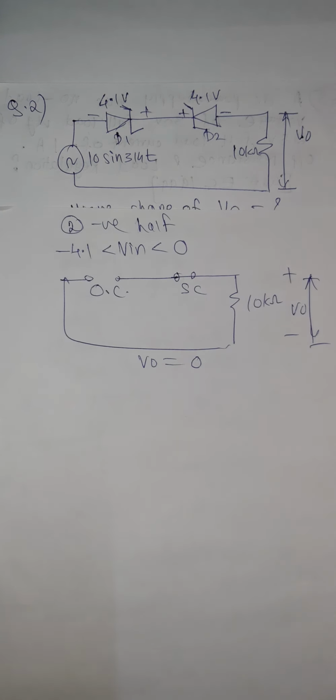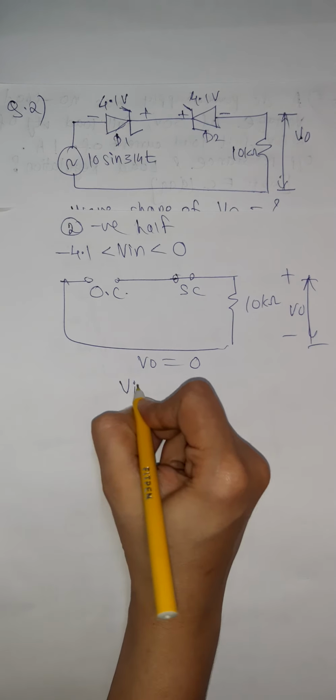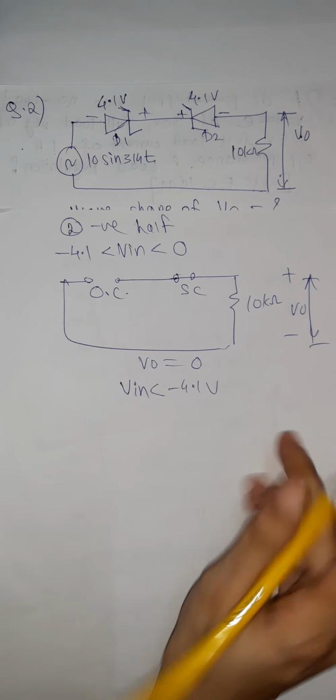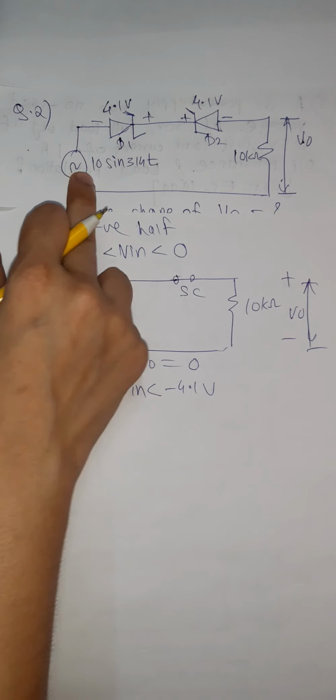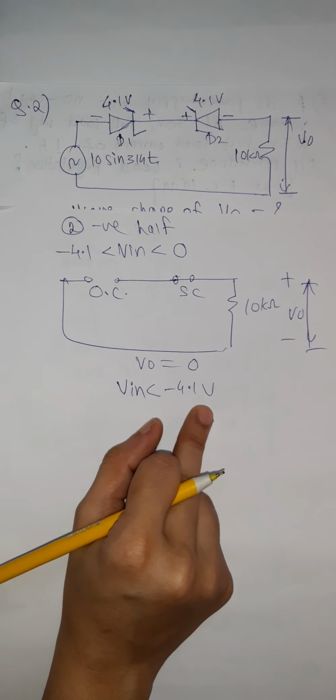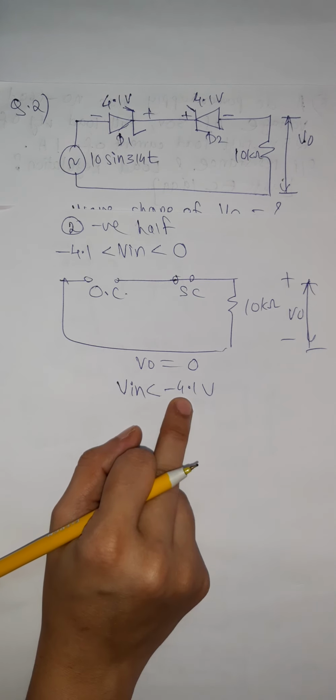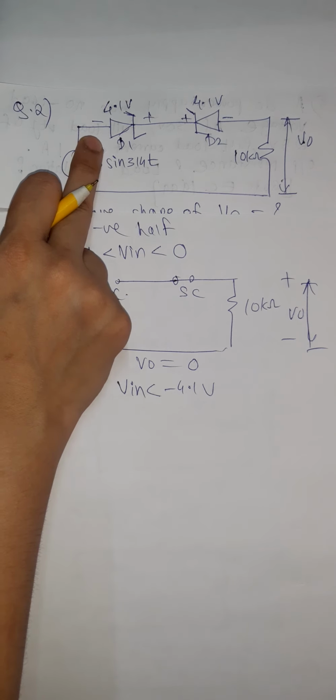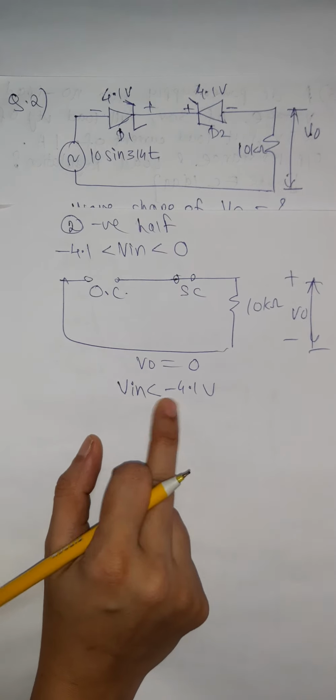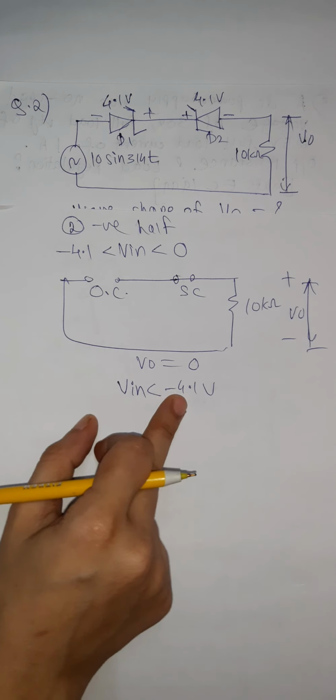Now I will check for the other range. If V in is less than minus 4.1 volt, then what will happen? Less than minus 4.1 volt means a negative value again.